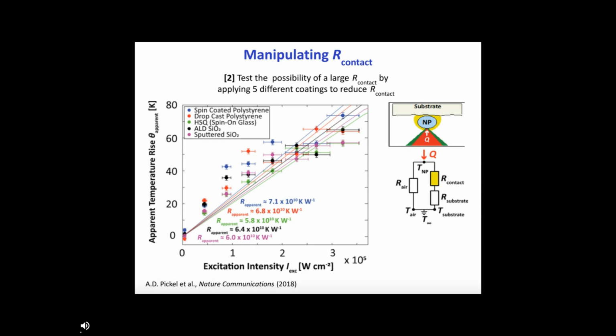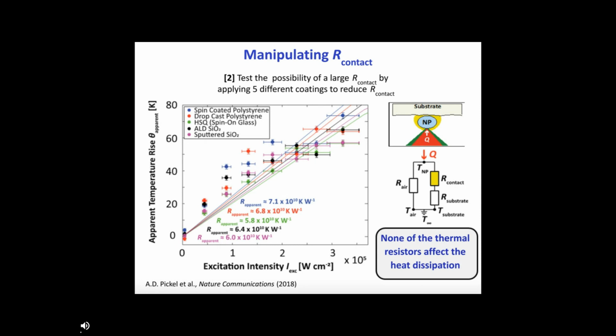The ALD in particular ensures highly conformal deposition since it uses gas phase precursors. Nonetheless, we measured essentially the same apparent temperature rise for all these coatings. And so we concluded that the contact resistance does not impact the heat dissipation.